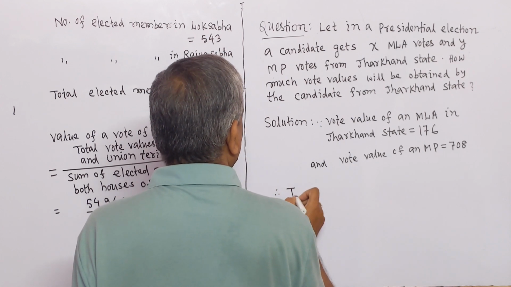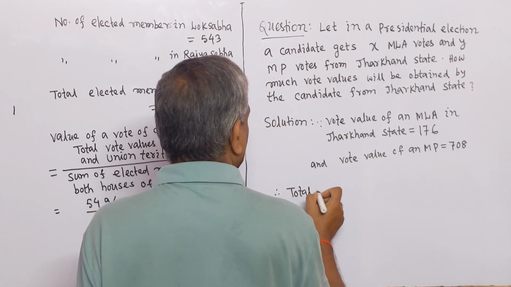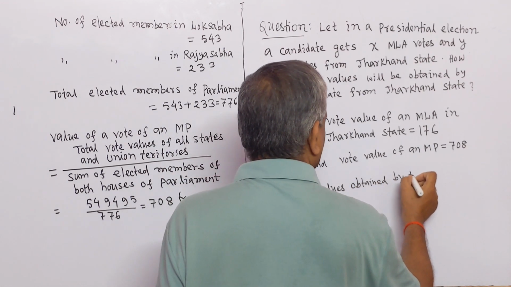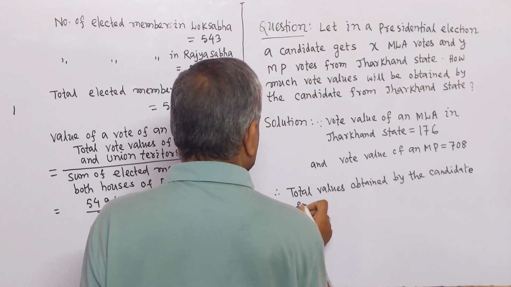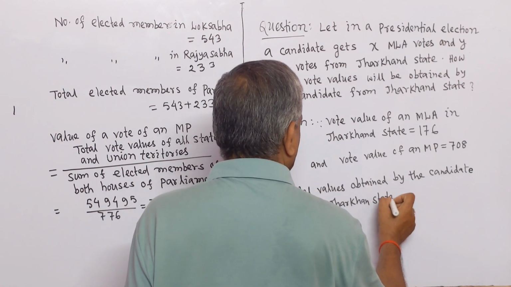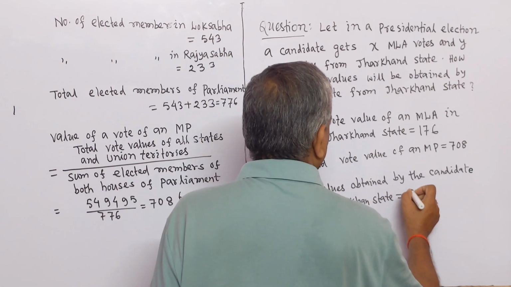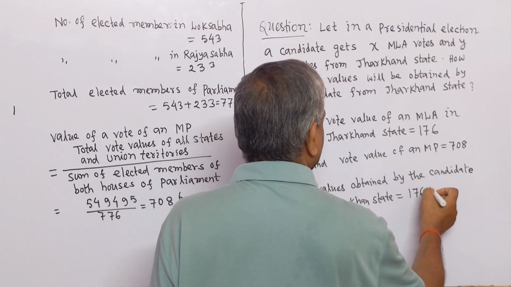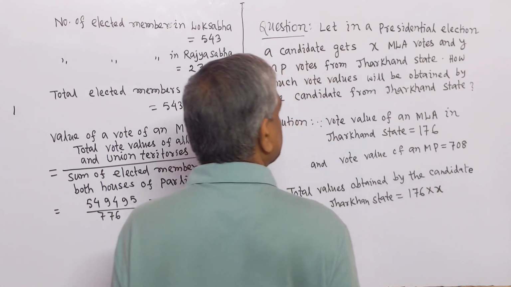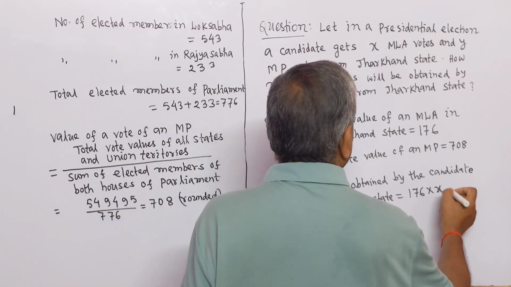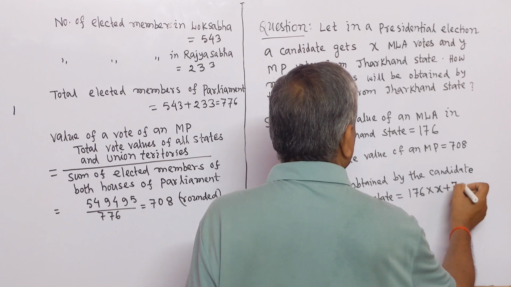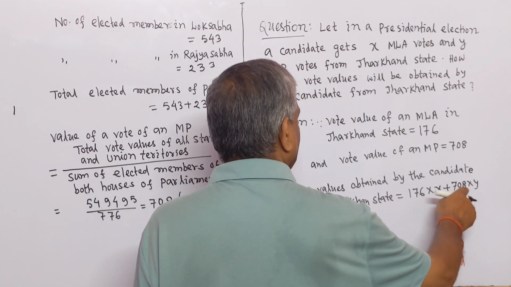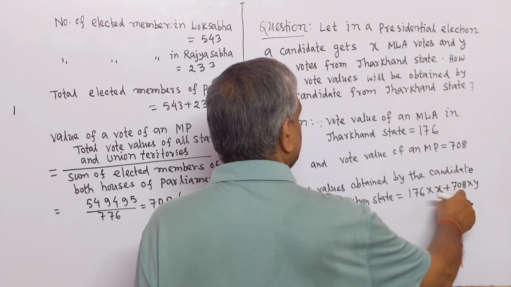Therefore, total vote values obtained by the candidate from Jharkhand state equals 176, the vote value of an MLA, multiply number of MLAs who cast votes to the candidate, plus 708 multiply Y. Vote value of an MP is 708.